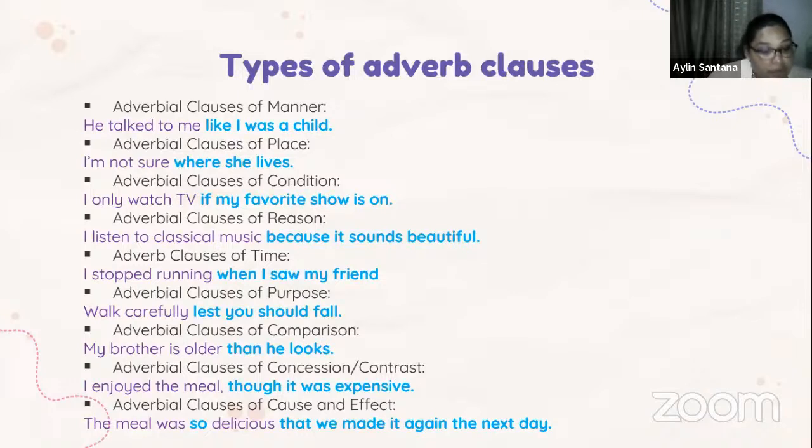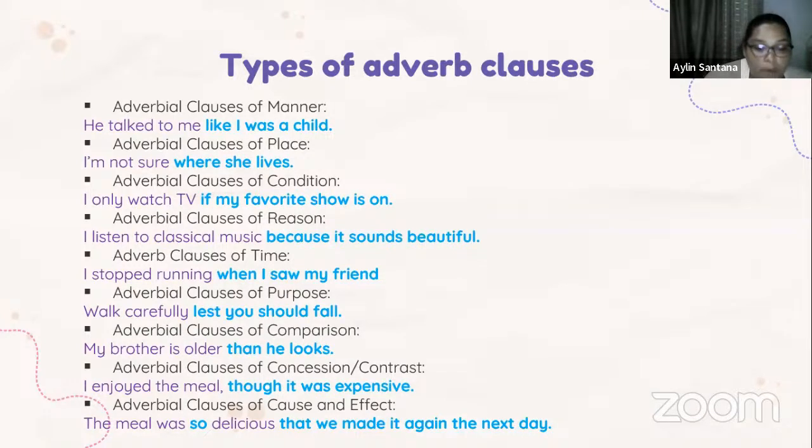This adverb clause highlights the intention behind an action, often using conjunctions such as so that, lest, in order to, and in case. This adverbial clause does not follow a comma, and it explains the reasons for a specific action. For example, walk carefully lest you should fall.